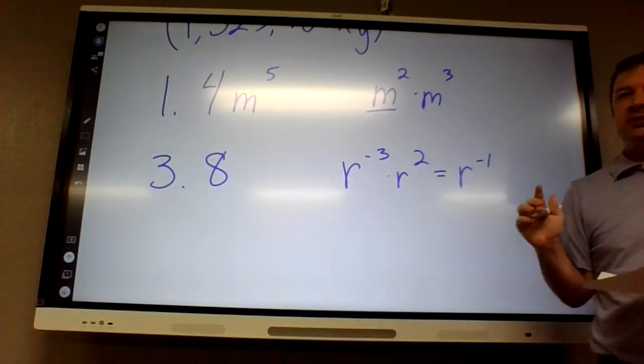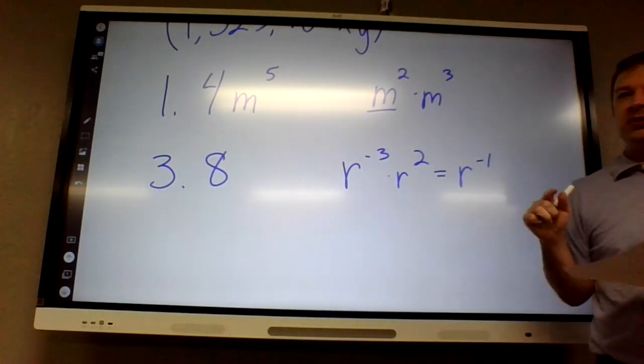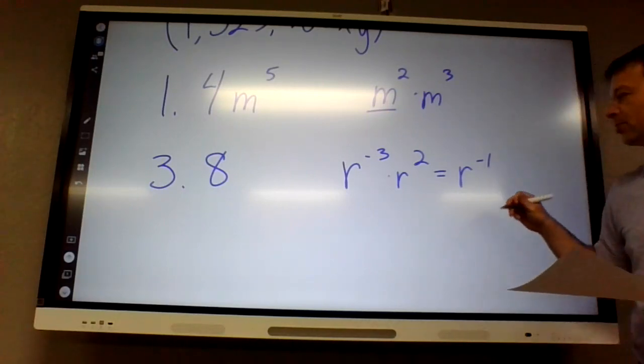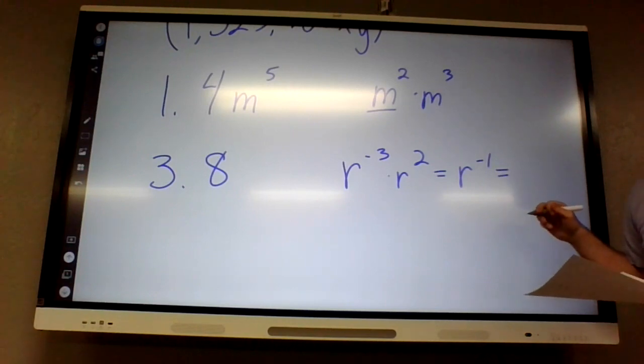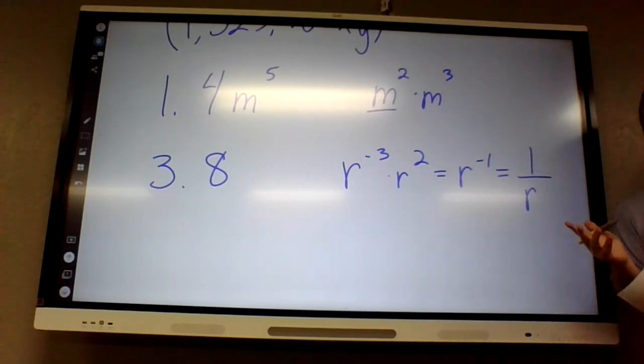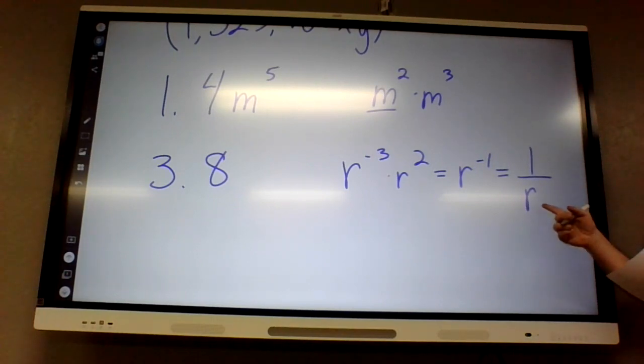Okay, but the direction said positive exponents only. So what's another way of writing r to the negative 1? Okay, it's r to the 1 on the bottom. But r to the 1 is just equal to what? R.